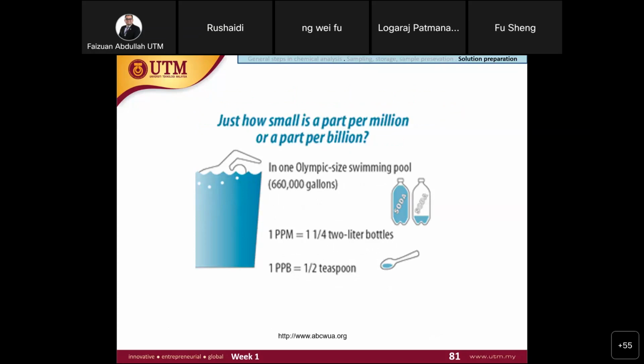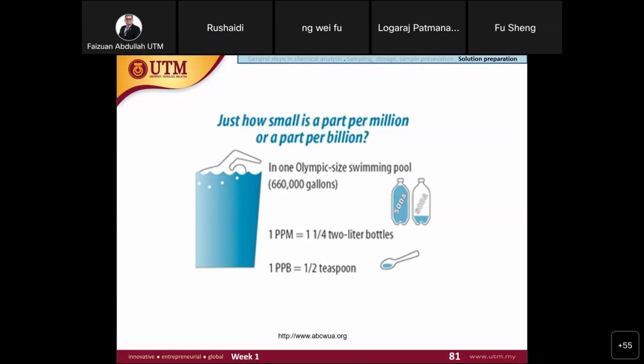One part per million means 1.25 2-liter bottles of soda in one Olympic size swimming pool. That is 1 part per million.